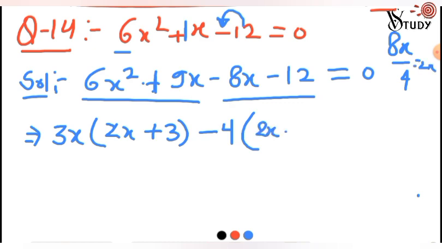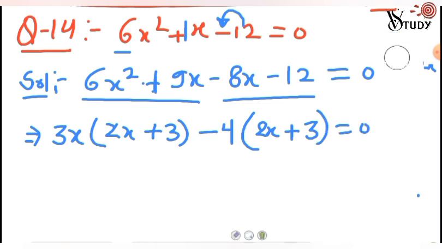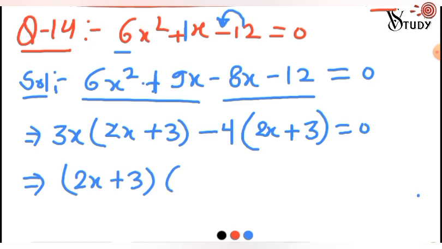In the same way, when 12 is divided by 4, then it goes 3 times. Now take 2x plus 3 common from both the terms. So we have 3x minus 4 will equal to 0.